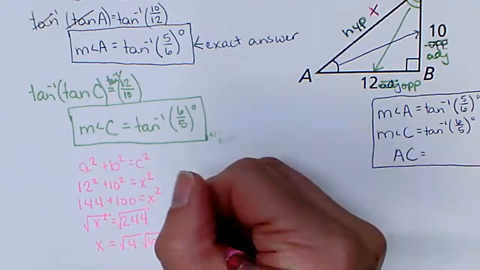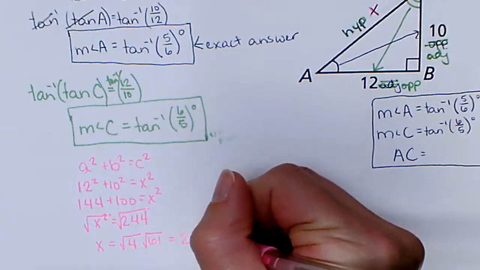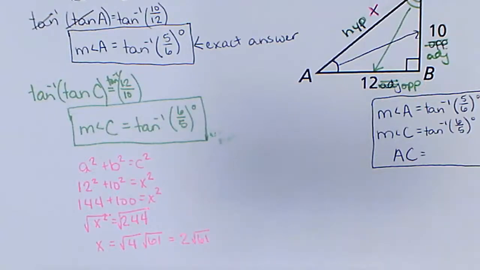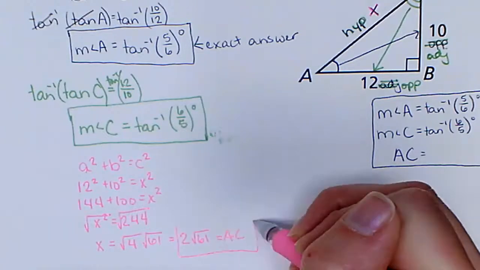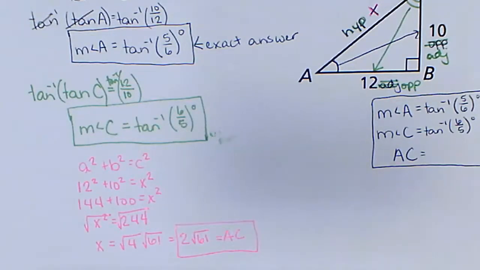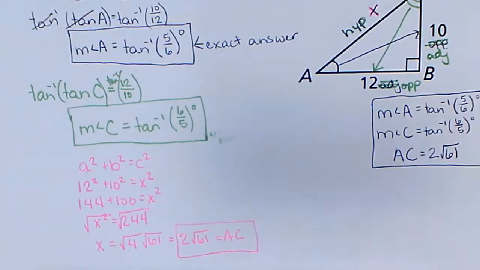And so that equals the square root of 4, which is 2, and the square root of 61, which can't be broken down anymore. So this is my exact answer. So AC is equal to 2 square root of 61. There are no units on the other two sides of the triangle, so I'm going to leave it the way that it is.